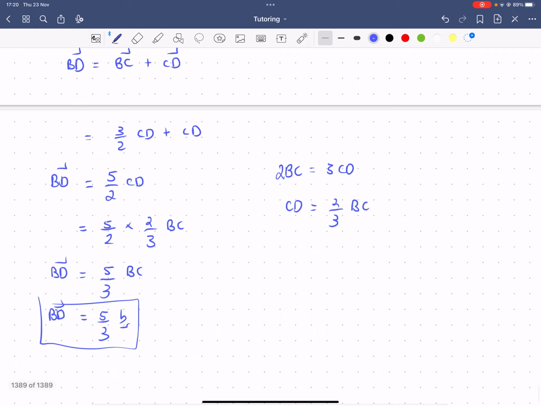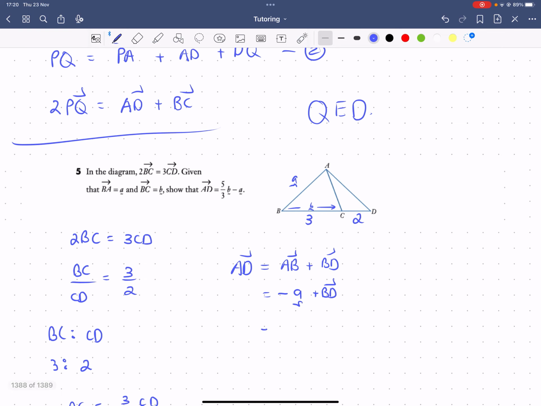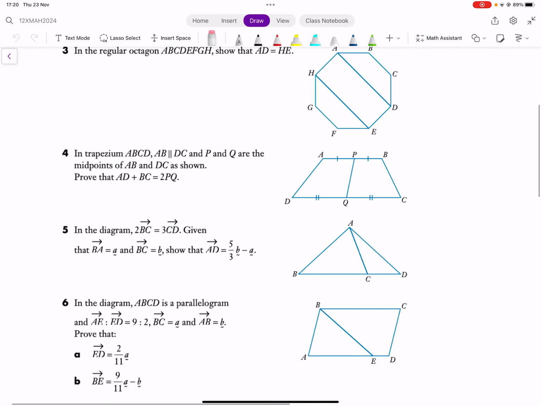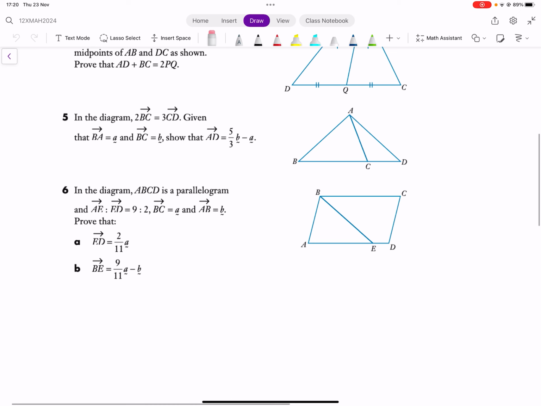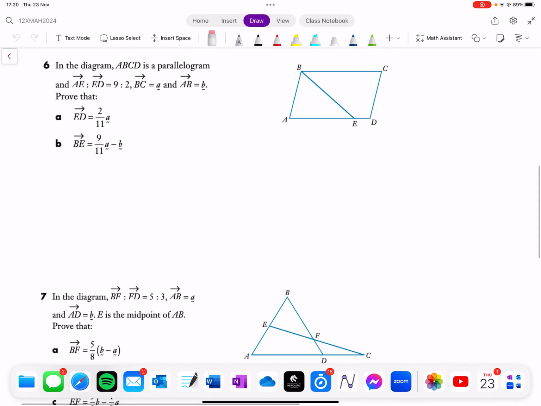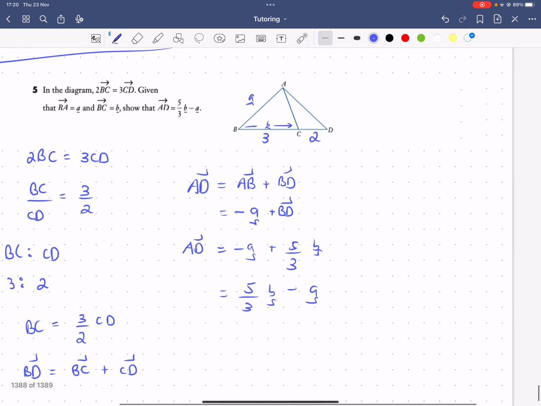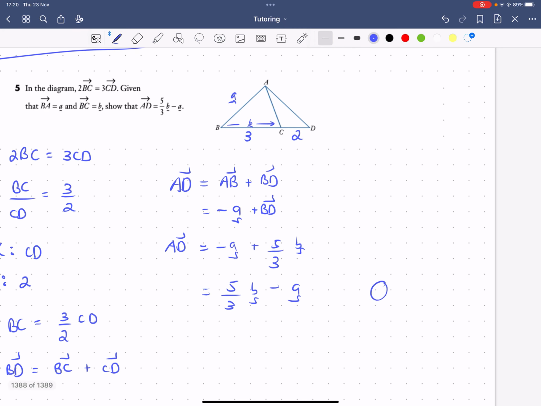So back up to here, AD is minus A plus 5 on 3 B, which is what we were trying to prove: 5 on 3 B minus A. Did we have time for one more? Actually, I might leave the rest of those for you guys to do on your own. So we've got AD is 5 on 3 B minus A. QED. All right, thank you.